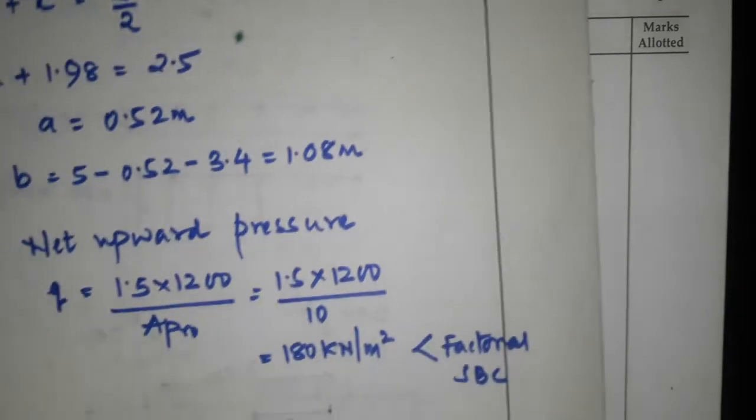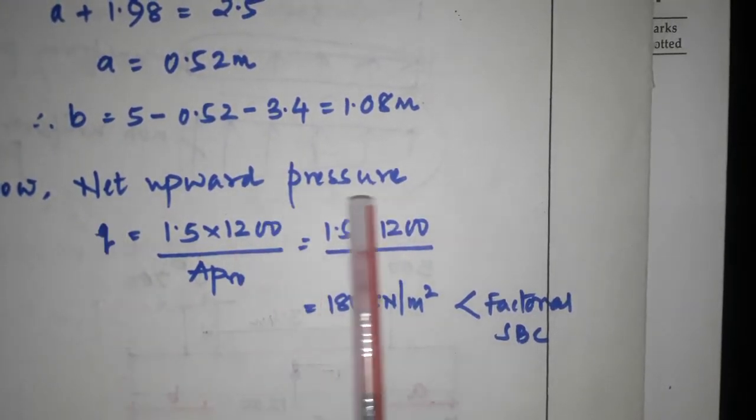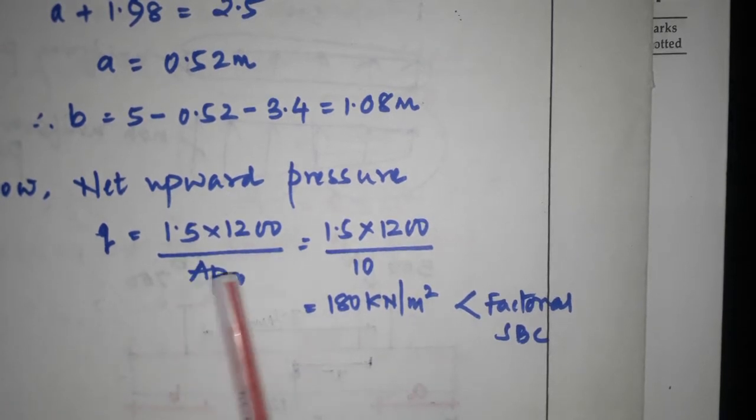Then we calculated the offset A and offset B with respect to column A and column B. We got that the offset B is more for column B because the load acting over column B is more. Also we checked for the higher upward pressure, that is net upward pressure Q equals 1.5 into 1200, total load divided by area provided.